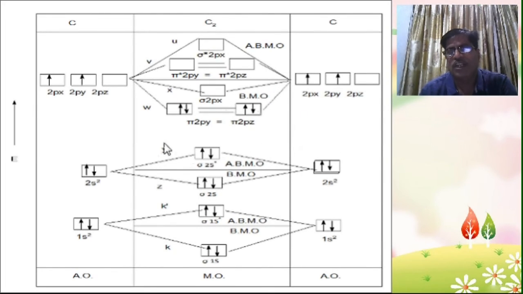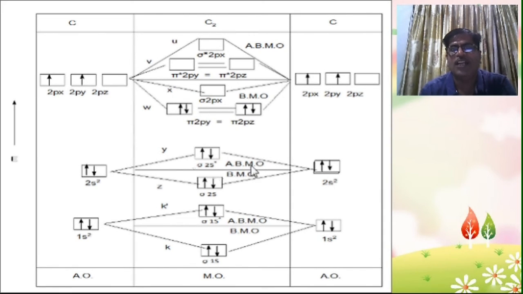So what is the MO diagram? Here the total number of electrons is 12 in the MO diagram of the C2 molecule. We put these orbitals 1, 2, 3, 4.